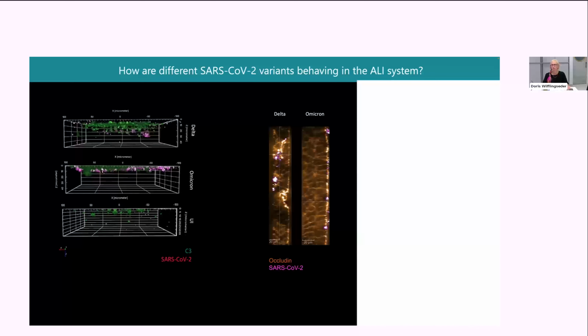We could also see that only upper layers were destroyed by Omicron, while Delta really caused a massive tissue destruction in those cultures. We then also measured the distance of viral particles from the apical side, and this was significantly higher in Delta versus all the Omicron variants we tested.